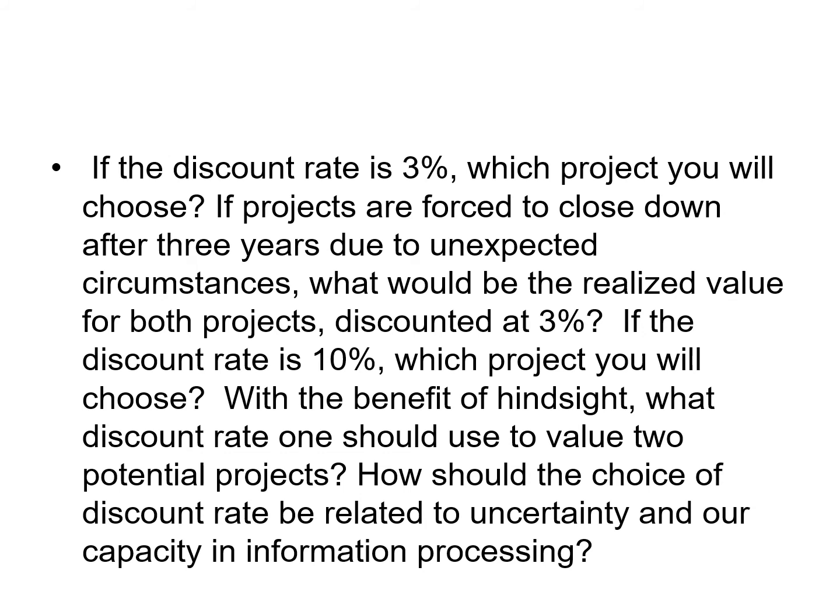If discount rate is 10%, which project you will choose? With the benefit of hindsight, what discount rate one should use to value two potential projects? How should the choice of discount rate be related to uncertainty and our capacity in information processing?